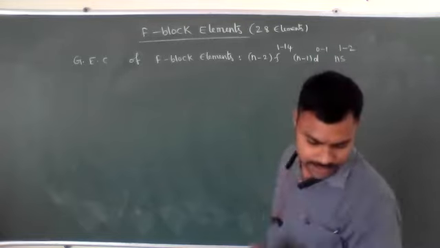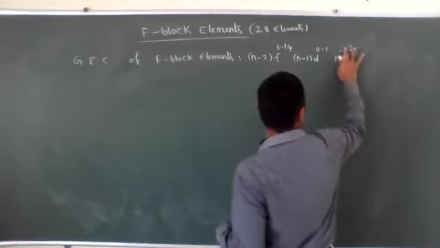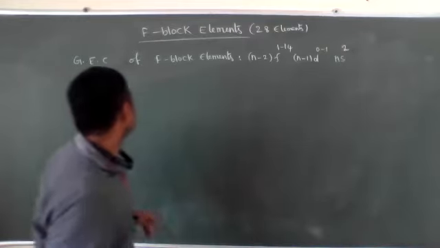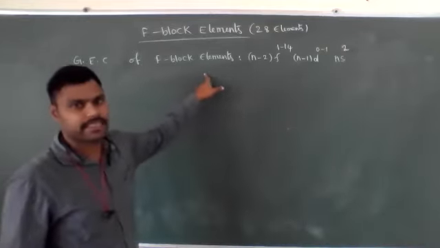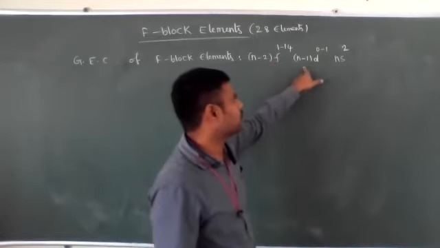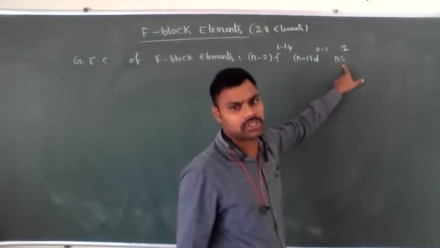It's very, very important. So the general electronic configuration of F block elements is (n minus 2) f 1 to 14, (n minus 1) d 0 to 1, ns2.